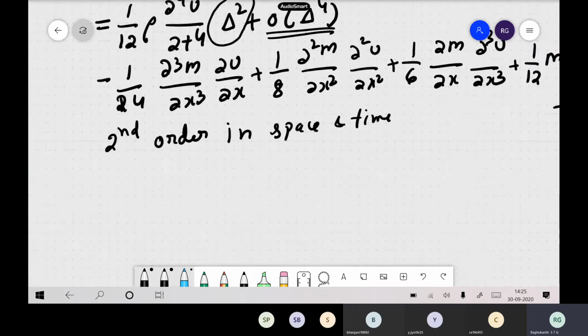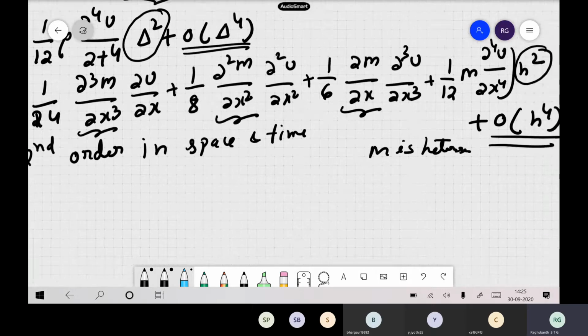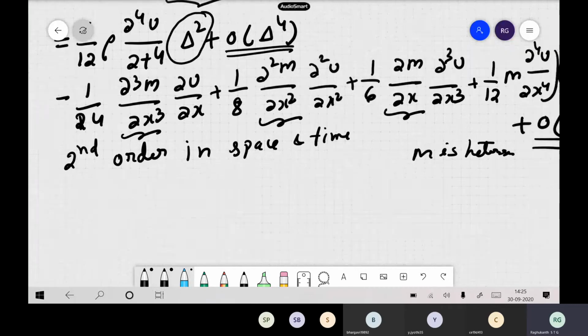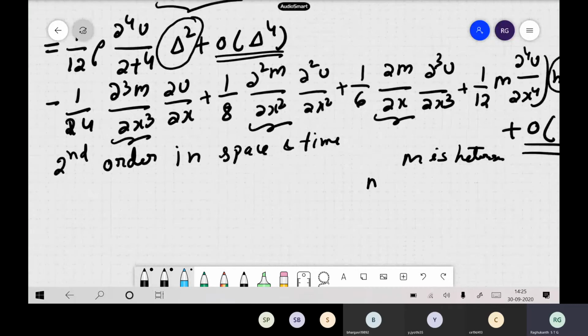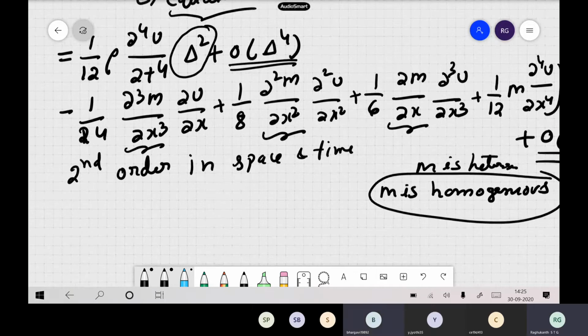Okay, so this is consistency. Here we are getting separate terms because m is heterogeneous, the material is heterogeneous, so you have these types of issues. Now if you see this expression, suppose m is homogeneous, what happens to these derivatives? It will be 0.